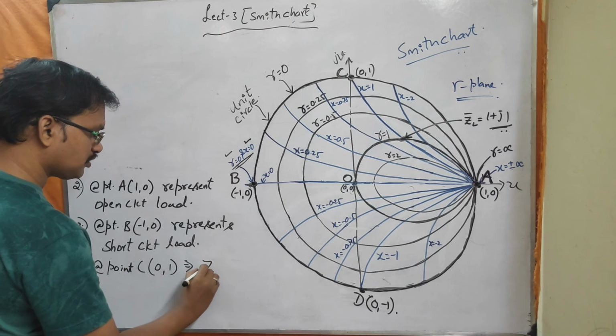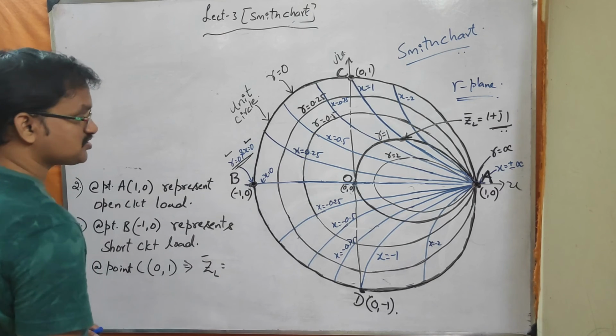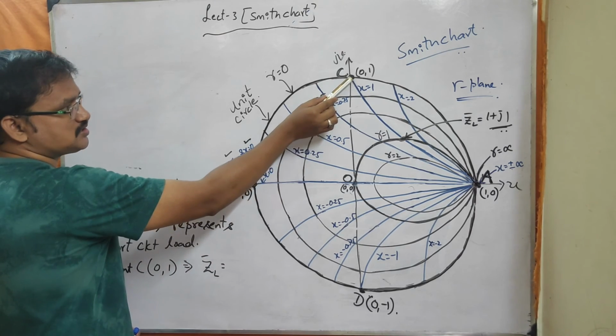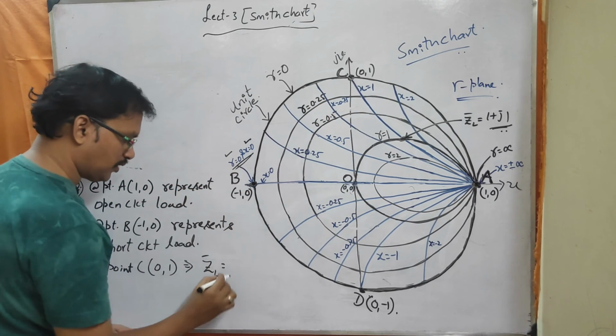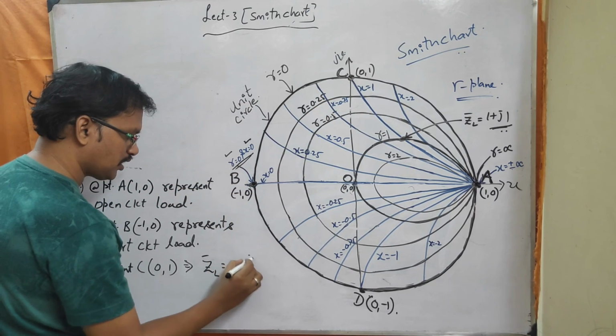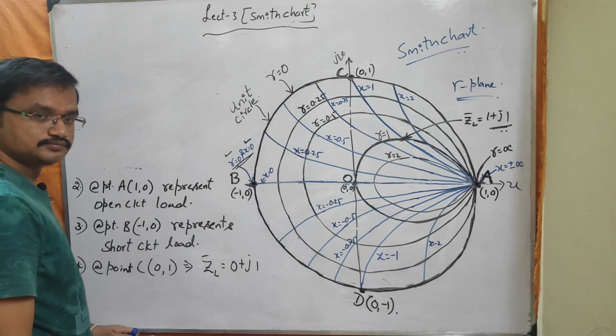So at this location, what is the load impedance? The circles passing through this point C are R equal to 0 and X equal to 1. So it gives ZL bar equal to j1.